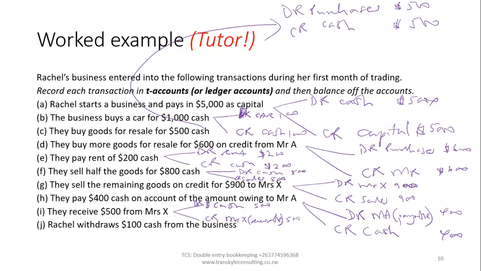Then lastly, Russia withdraws $100 cash from the business. Drawings are a reduction of profits. So what happens when we make drawings? We debit drawings.